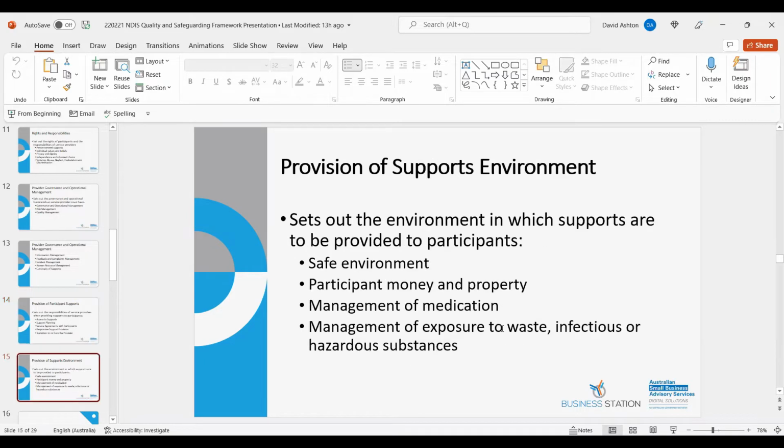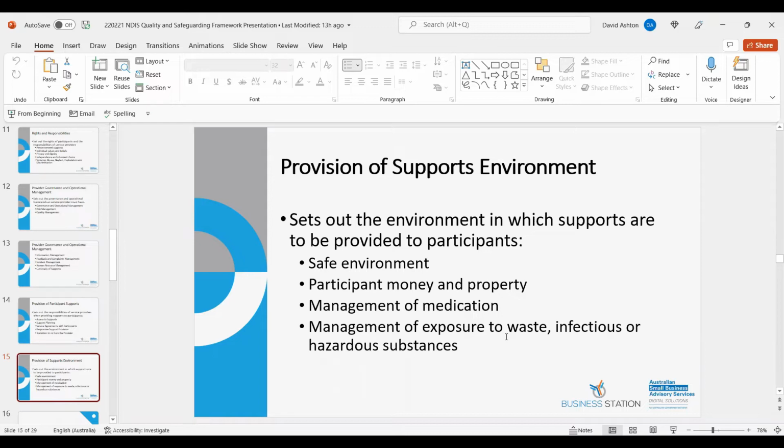So the final core module is around the support environment. So this sets out the environment in which supports are to be provided to a participant. So the first one is safe environment. So your client needs to access their supports in a safe environment that is appropriate to their need.